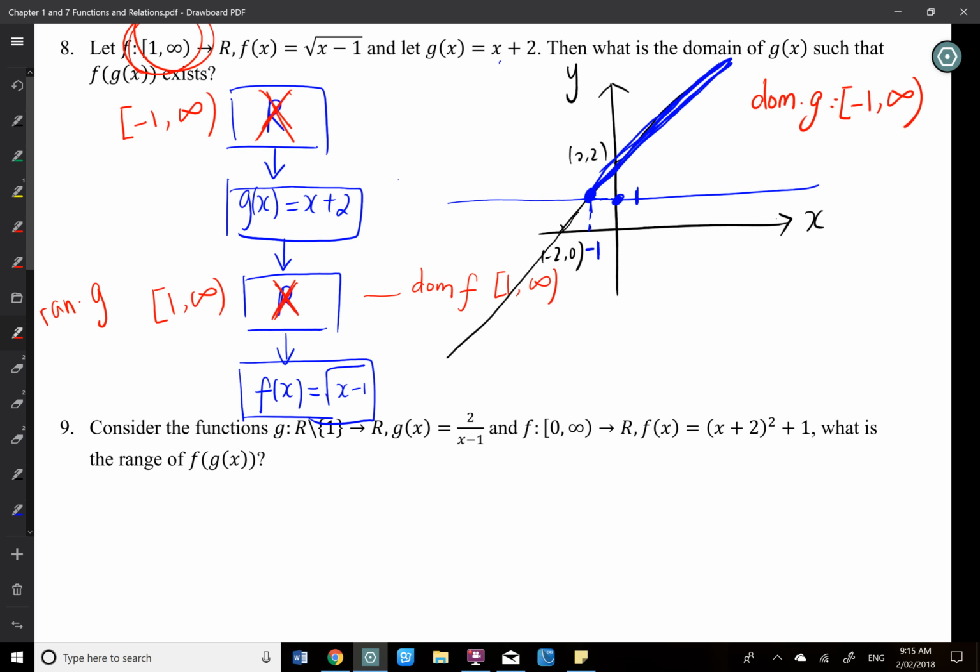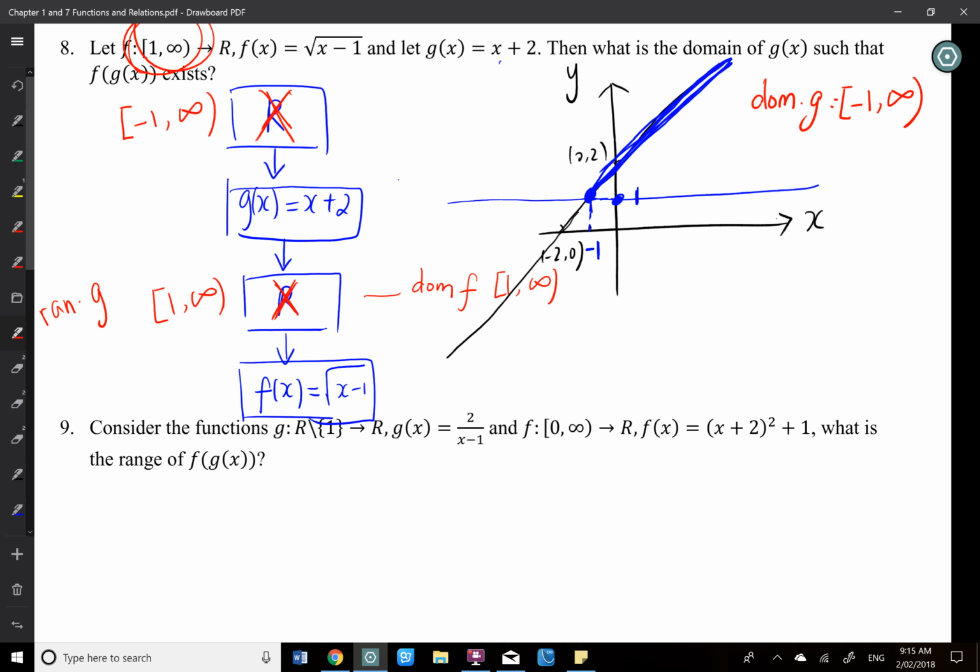So now this becomes your new domain. Domain of f. This is a square root function. What's the range of the square root function? You put 1 in, you get 0. You put larger values in, you get larger numbers.